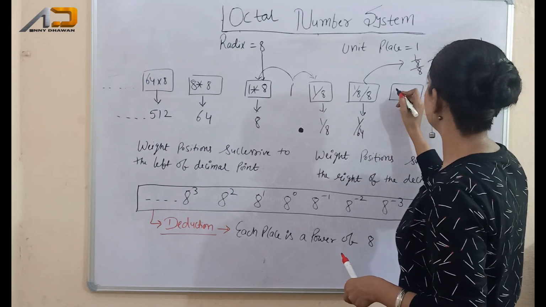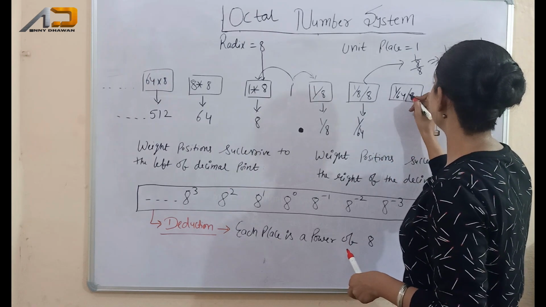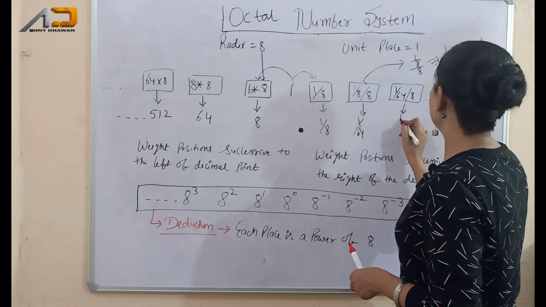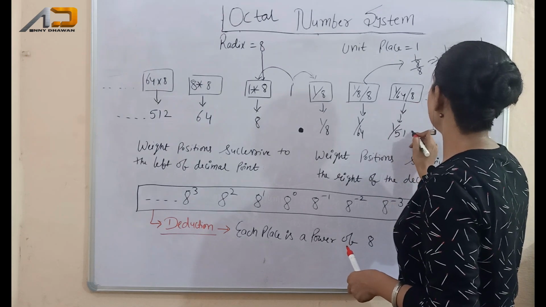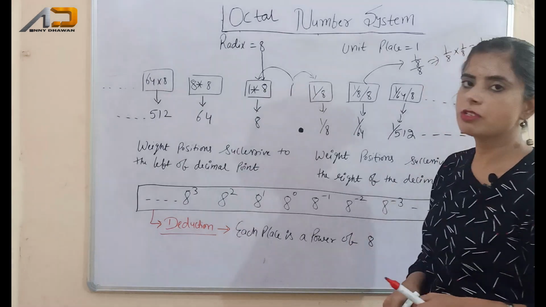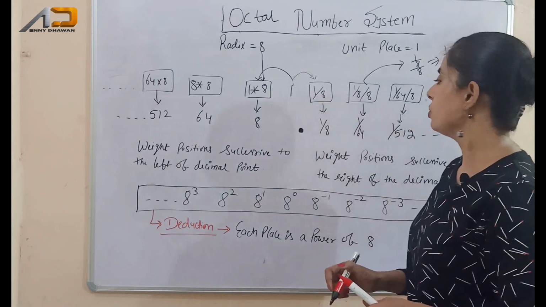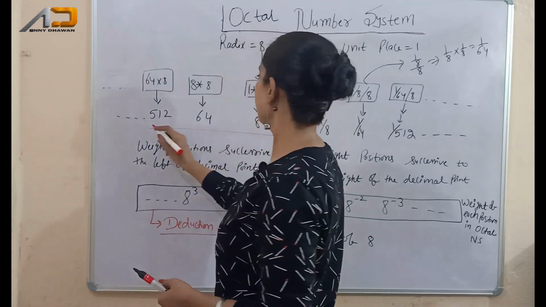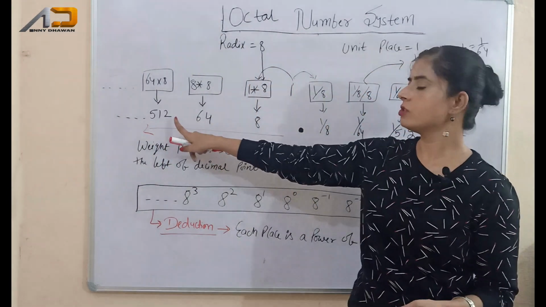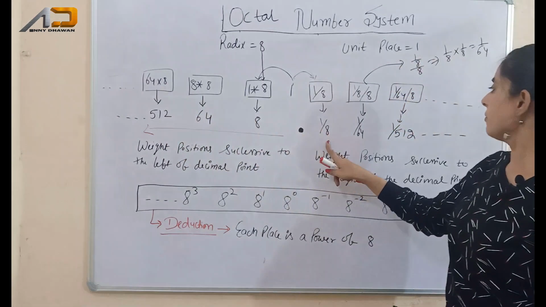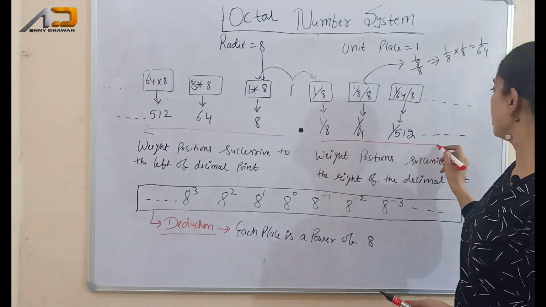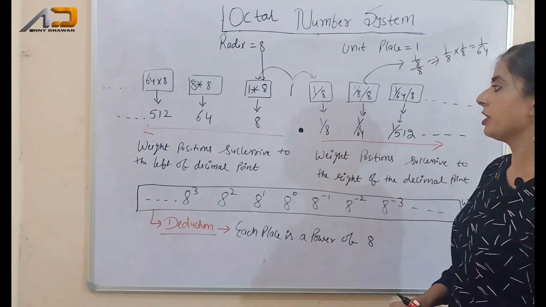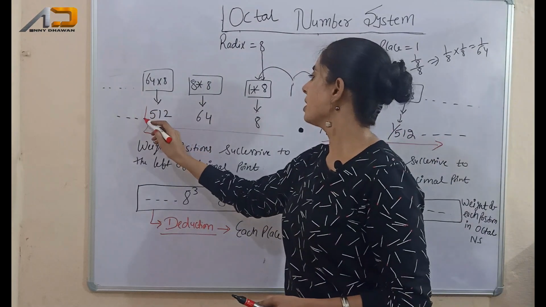Now again 1 by 64 divided by 8, you will get 1 by 512, and continue the process so on. So this is how we have got the weight positions successive to the left of the decimal point, and weight positions successive to the right of the decimal point.